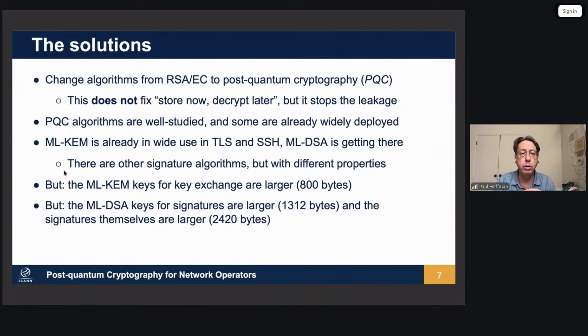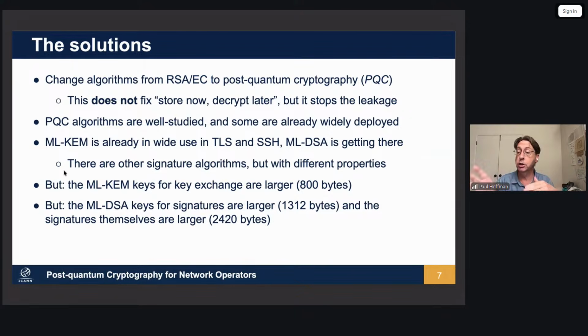So we do have algorithms that are known. One that you may have heard of, if you're good with acronyms, is ML-KEM. It is already widely in use in TLS and SSH today. You may be using it now without knowing. You would have to look, but that is an algorithm for the store now, decrypt later problem.